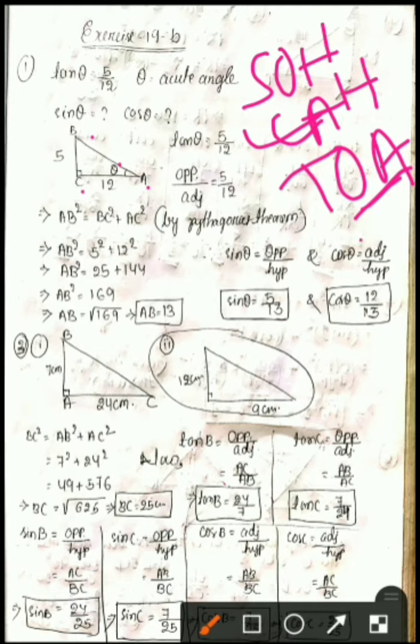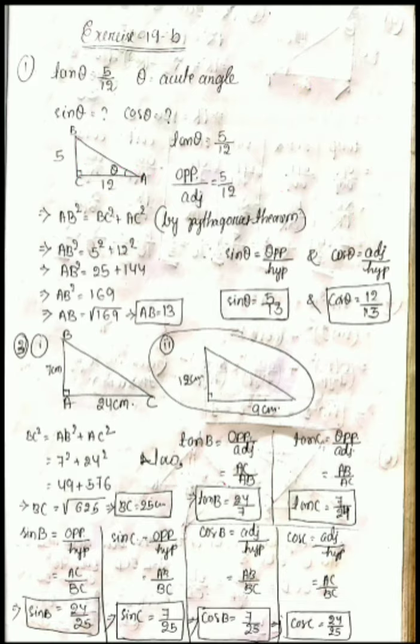Opposite by adjacent equals 5 by 12. Now students, we got two sides of this triangle. Here BC is 5 and AC is 12, because the adjacent of angle theta is AC, that is 12, and the opposite of angle theta is BC, that is 5.